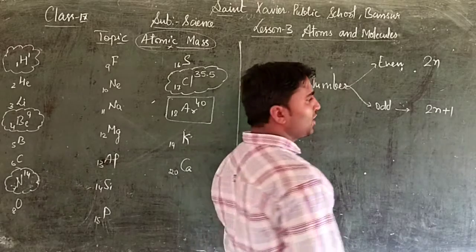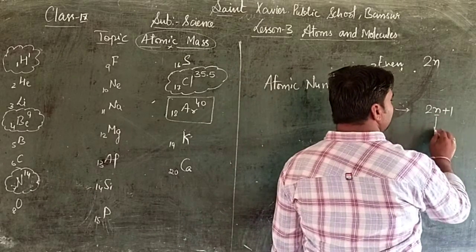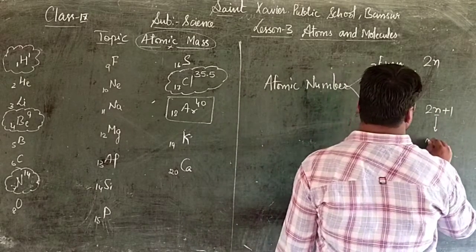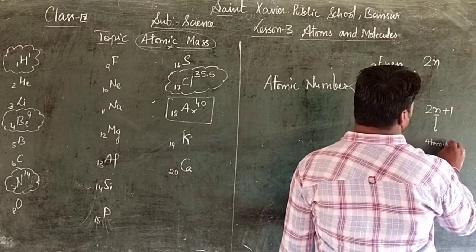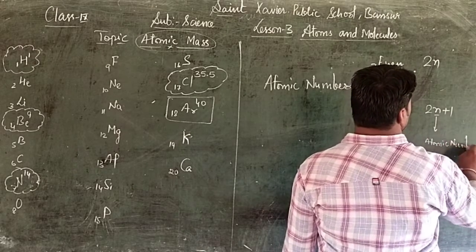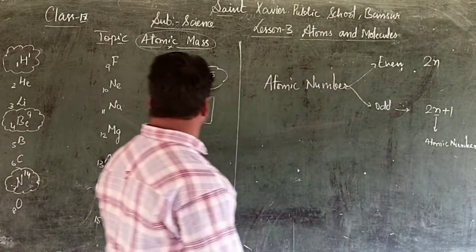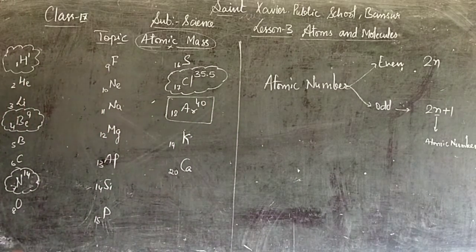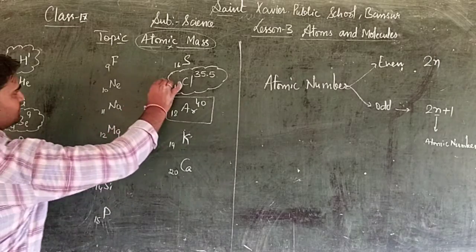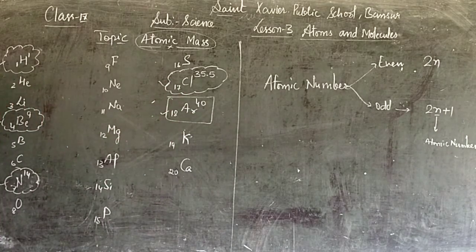What we have to do is, at the place of this n we will keep the value of the atomic number. These are some exceptional cases which we have to learn. These formulas will not work for these. The rest we can find out like this.